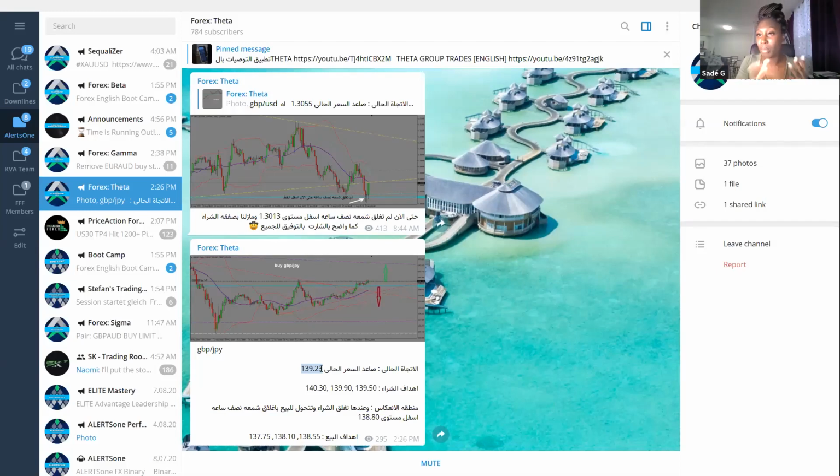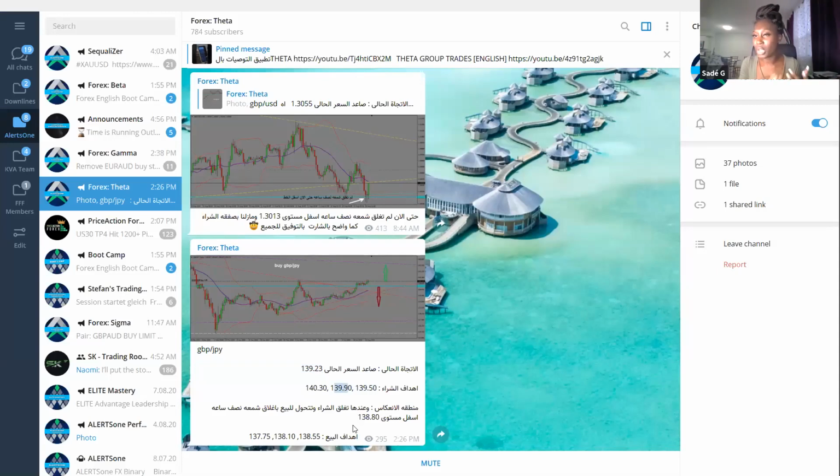So we put in our market execution buy with the take profit levels. So he goes take profit 3, 2, and 1. If you want to go for take profit 1, you would put in 139.50. If you're going for take profit 2, 139.90, and so forth and so on. And then you can put in your pending order.